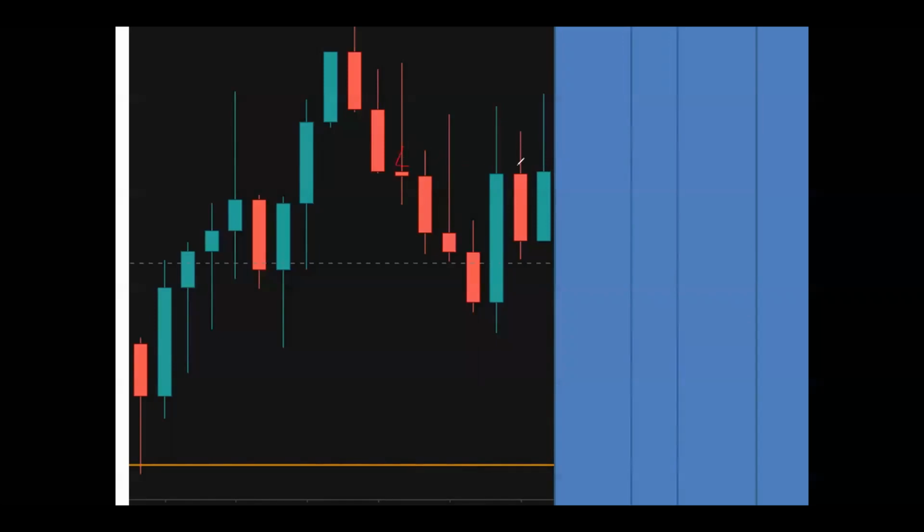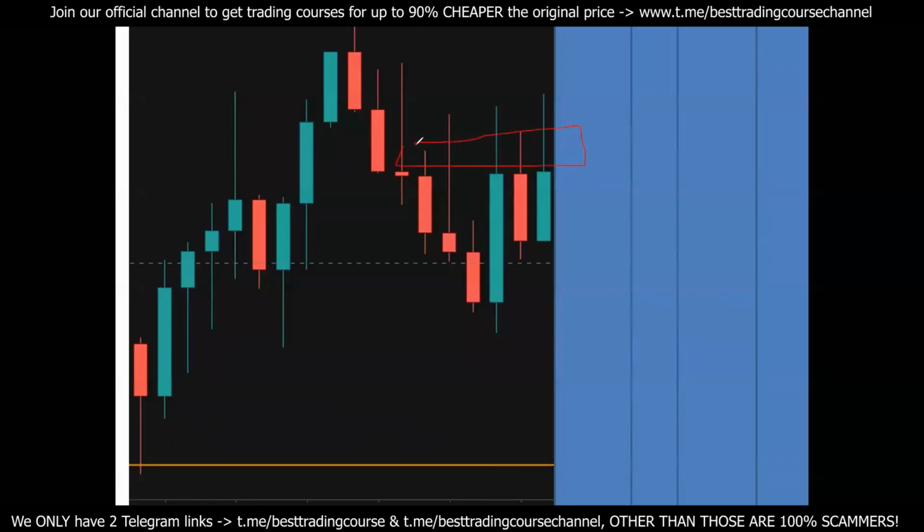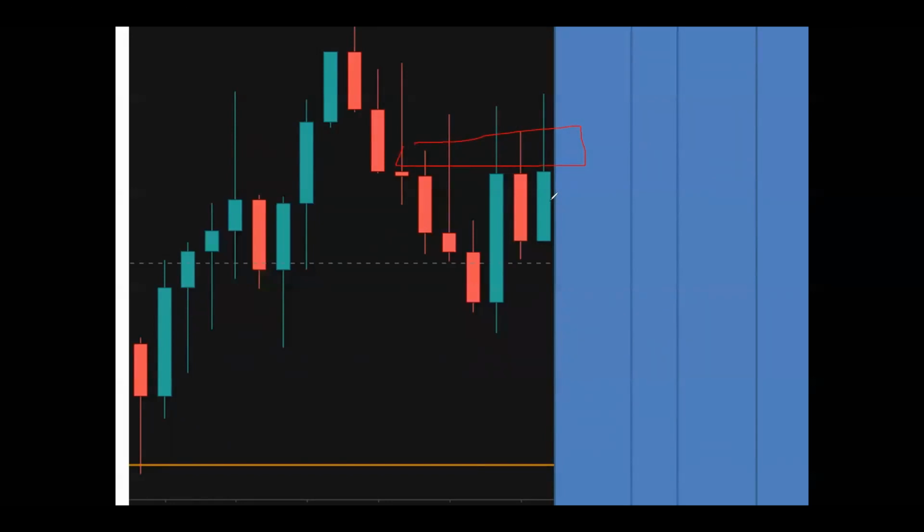Because look, it's still throwing wicks in the same area. This gets really hard to trade, right? So when you enter a trade here, you have no clue where it's going, man. You have no idea where it's going to go. But still, if you're stuck in that, if you have married your analysis that we're moving up, it's not going to last for a very long time, because it's just so hard to take a trade here.